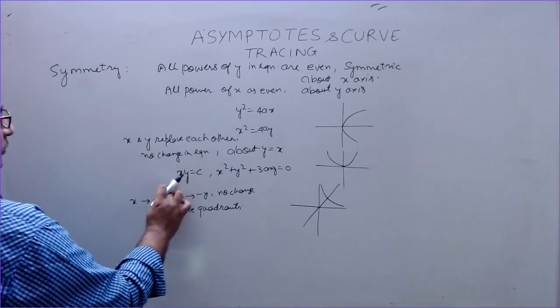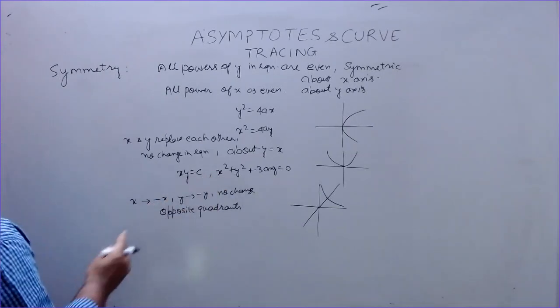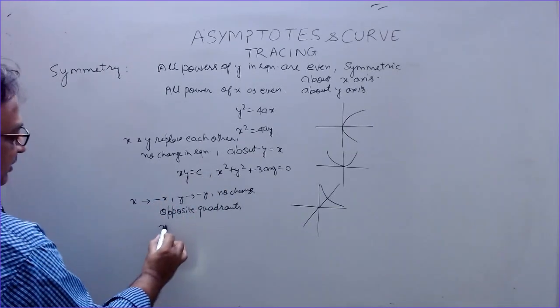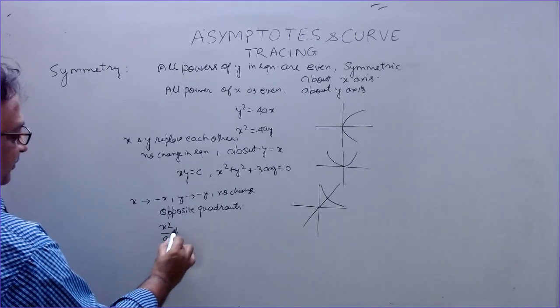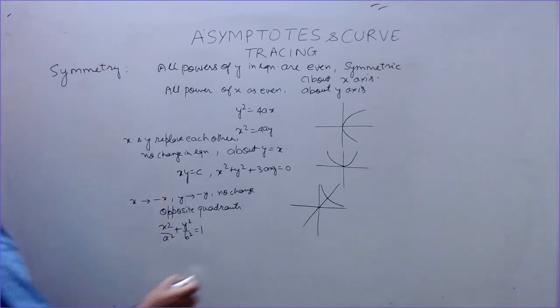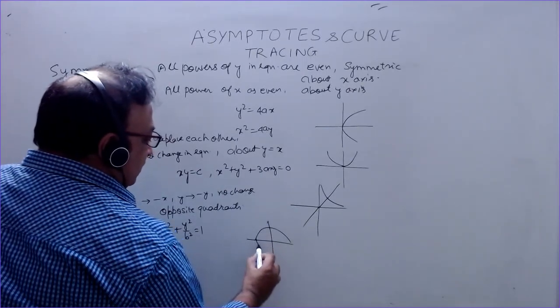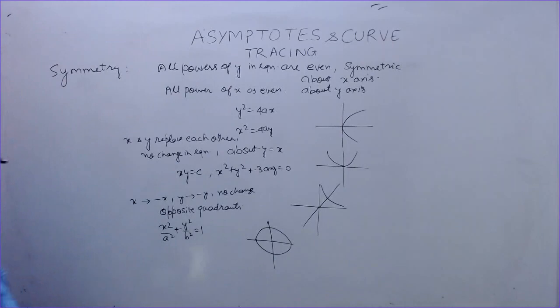If you replace x by minus x and y by minus y in these equations, the equation remains unchanged. Similarly, the ellipse is also of this type, so they are symmetric in opposite quadrants also. So this is the first point, symmetry, that you have to check.